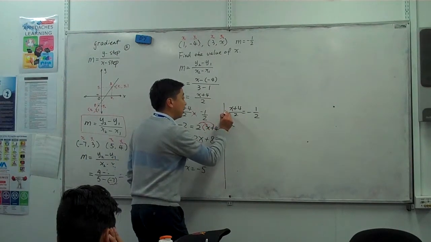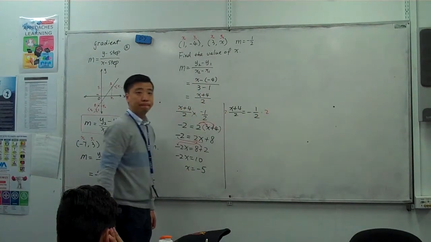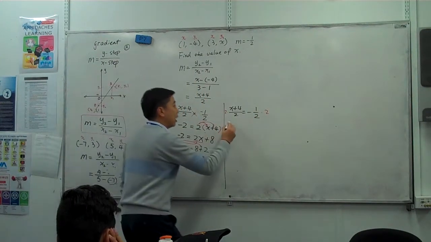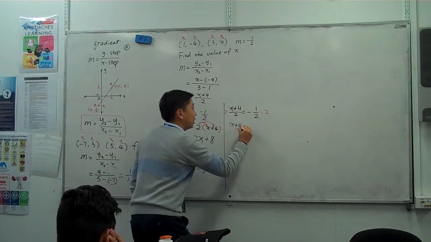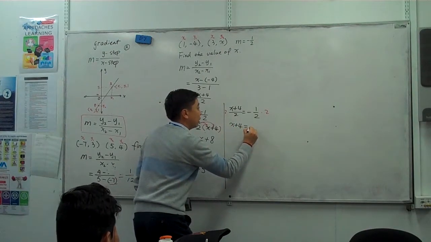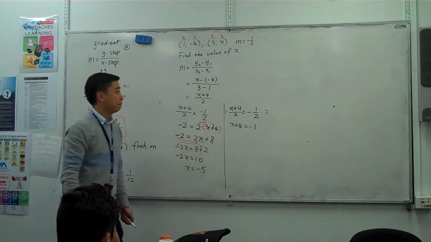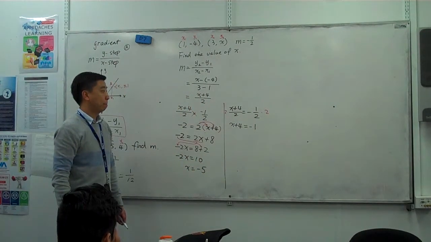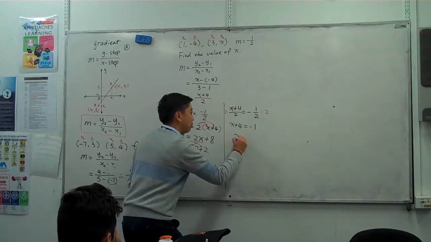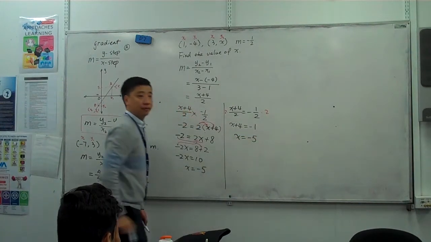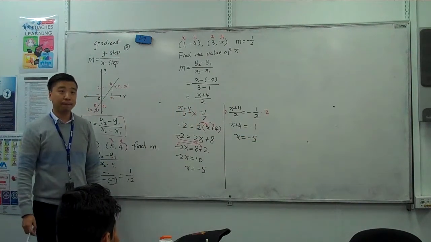So I times 2 here, I times 2 here. And then you can have x plus 4 equals -1. So x equals. Very good.